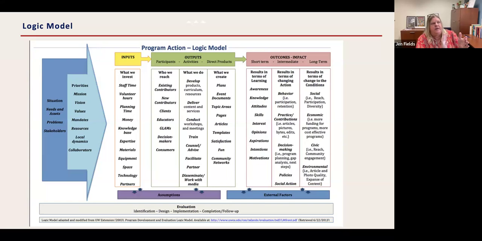I already talked a little about outputs: people, products, some of those more countable or quantifiable things. But the outcomes are what you want to gain from doing these activities. You're doing it because you want to see this change.